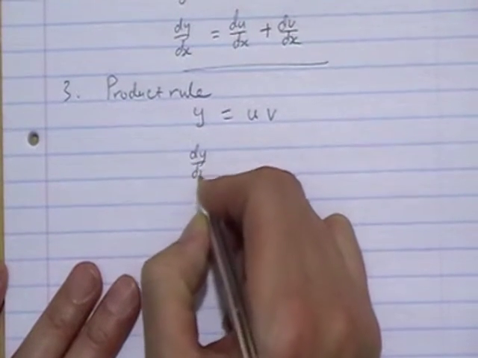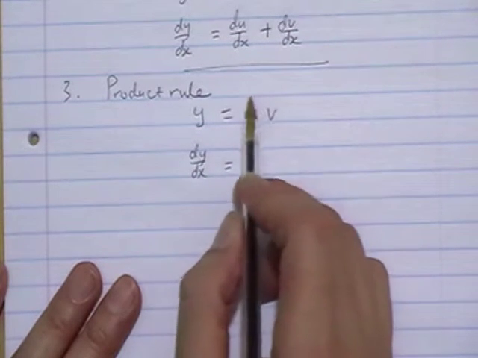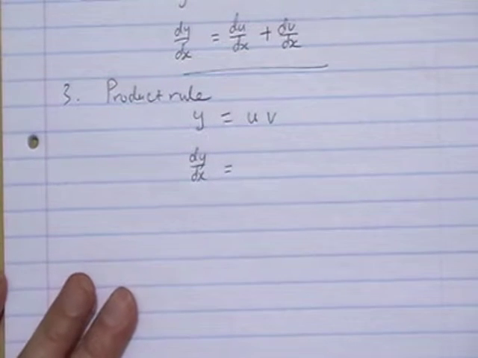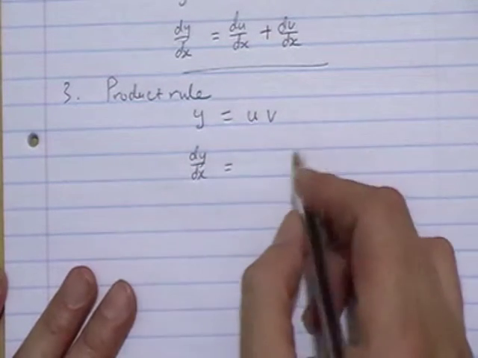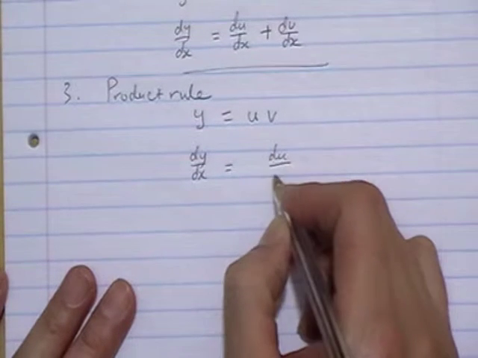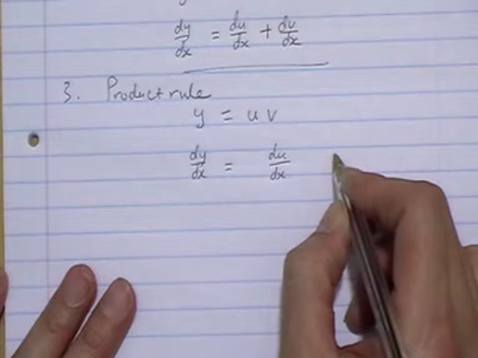I want to differentiate the function that is formed by multiplying u and v. So suppose that I know how to differentiate u and I know how to differentiate v.